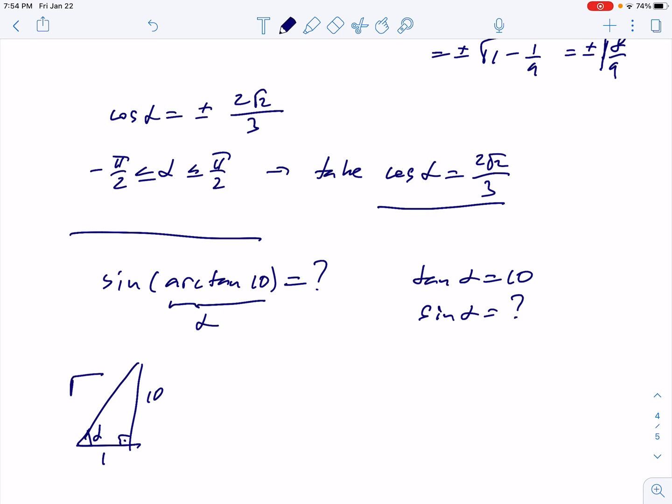We have root 101. This is the hypotenuse. We know all the sides of this triangle. Now we can find sine alpha. Opposite to hypotenuse, so this will be 10 over root 101. This is the sine. We can find cosine if we want. For instance, cosine alpha will be 1 over root 101.